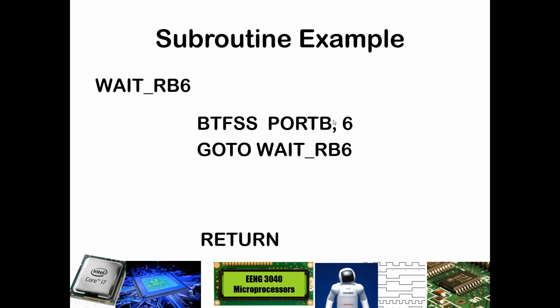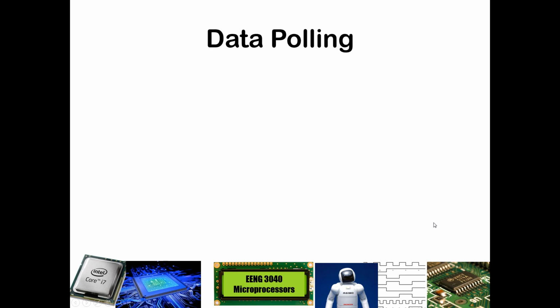It's going to come in here and do this bit test, and so long as this port B bit 6 is not set, it will go to wait RB6, and it'll continue to loop here, testing and going back. But once it does detect that port B bit 6 is set, it's going to skip over this next line of code and hit the return statement. Thus, at that point, it will pop the program counter off of the stack and return back to where it was called from.